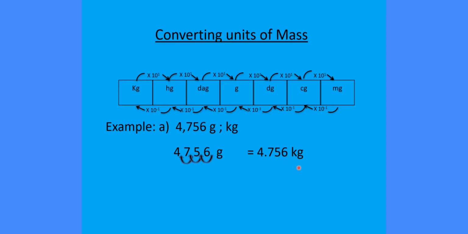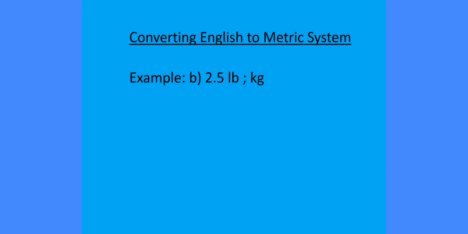4.756 kilograms. Then 2.5 pounds, LB is the abbreviation for pound, will be converted into kilogram. So this time English to metric. Pound is an English unit of measurement, then kilogram is a metric unit of measurement. Solution, 1 pound is 0.4536 kilogram.